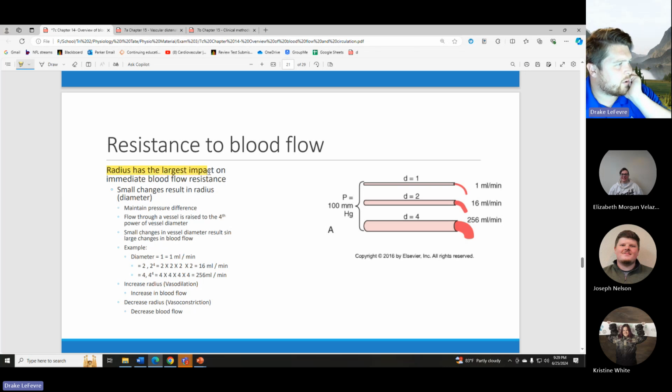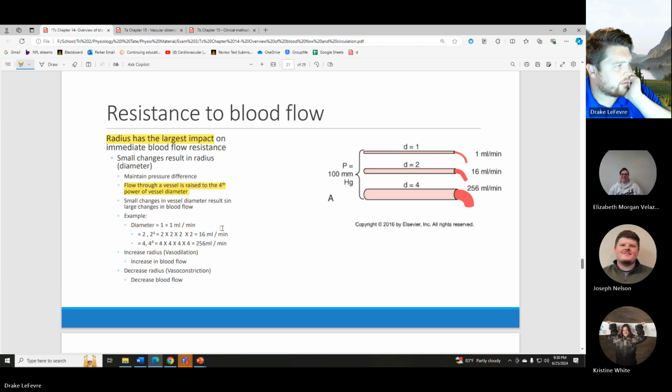Radius is the most important. This kind of thing will be a test question. The blood flow through a vessel is raised to the 4th power of vessel diameter. So what this is saying is, if you change the diameter or the radius a little bit, it really changes the overall blood flow.